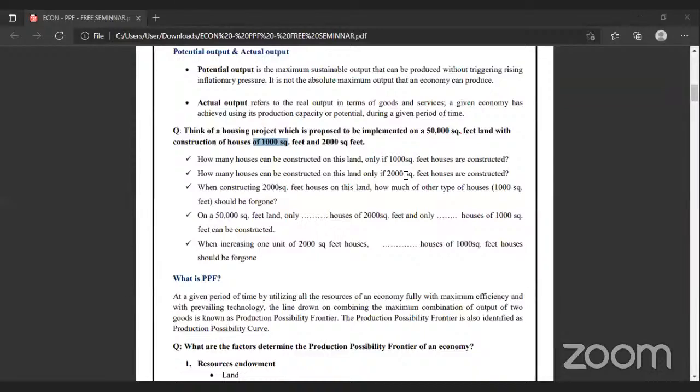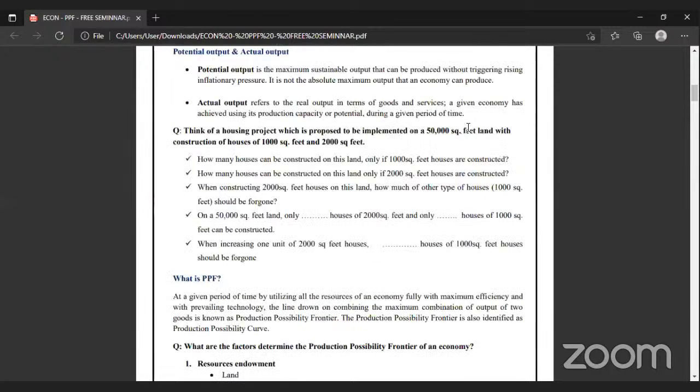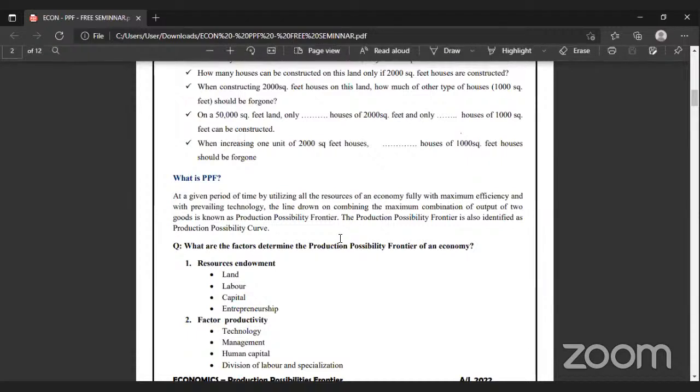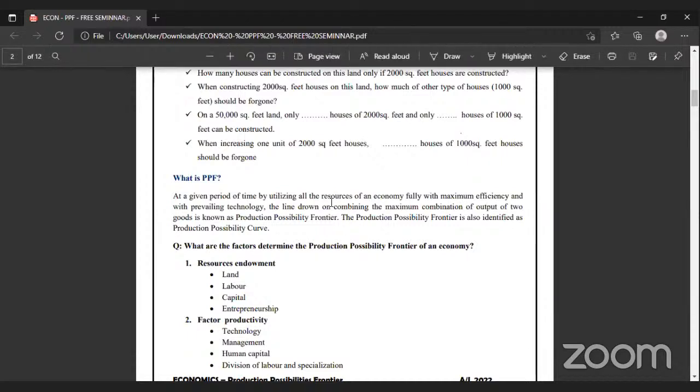So you know what the PPF is, right? I have already told you what the production possibility frontier is. The definition is here, but I'm not reading the definition. We are connecting all the possible points over the period of time.